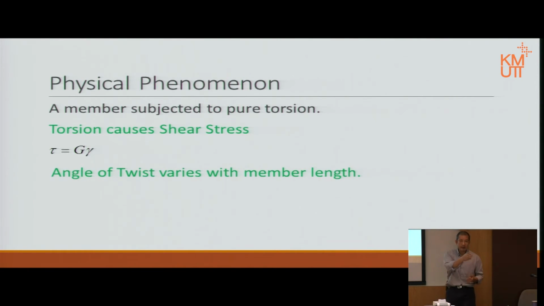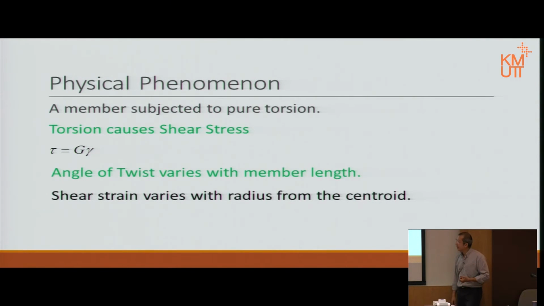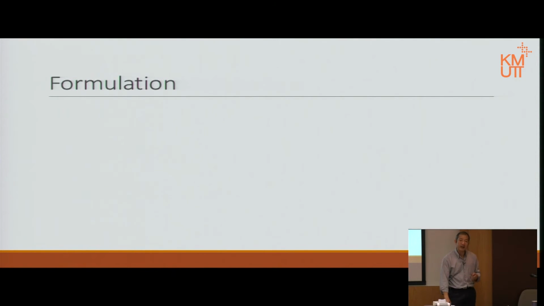The longer you move, the angle of twist becomes bigger, and the shear strain gamma varies with the radius from the centroid. Meaning as you move further from the centroid, gamma becomes bigger. And as we see, it's a linear relationship.